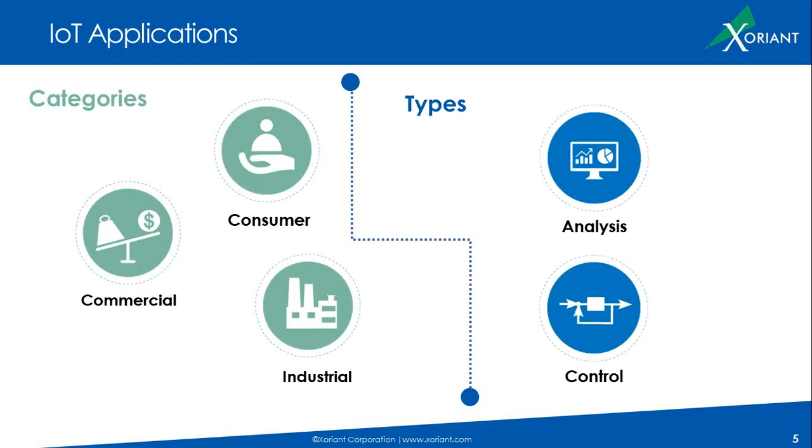One is around analysis and control. By analysis type of IoT application, these are applications where the sensor is collecting data and is pushing onto the server side for analysis. So it's really just one-way traffic that you are pushing from your devices onto server side, and you're visualizing and analyzing it.